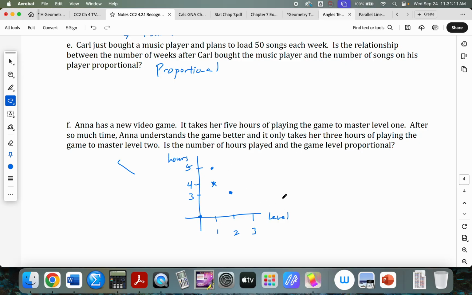I think it would take her 1 hour because it seems to decrease by 2 each time. No. But can it keep doing that forever? No. So it's going to have to level off at some point. At some point, she's going to get as good as she's ever going to get, right? All right. That's it for today.